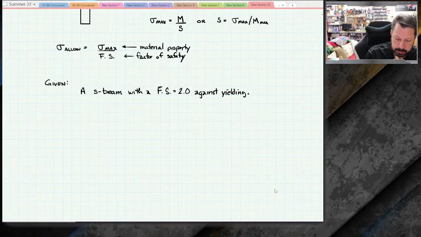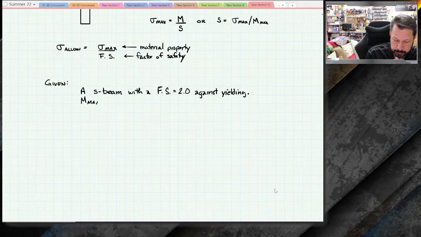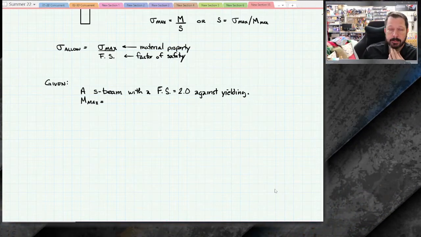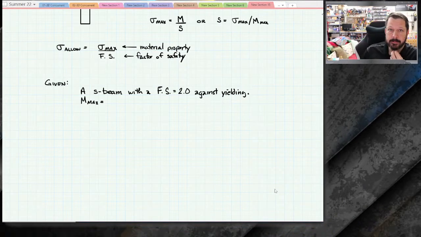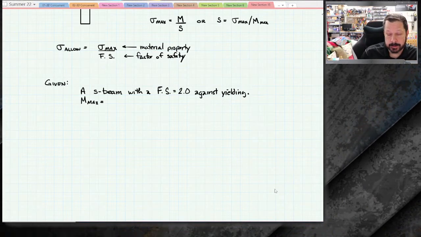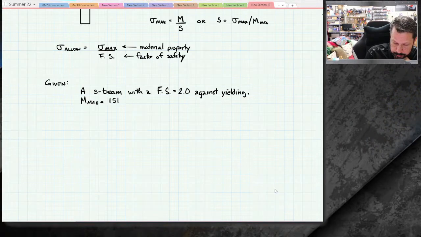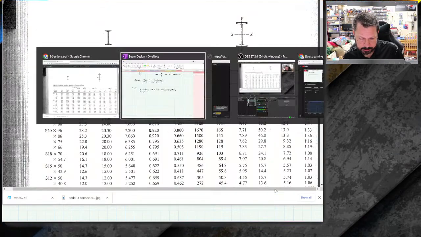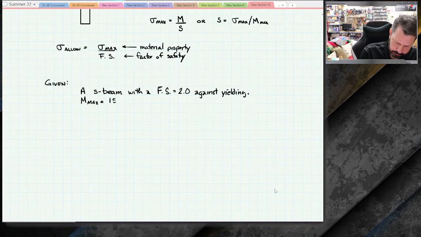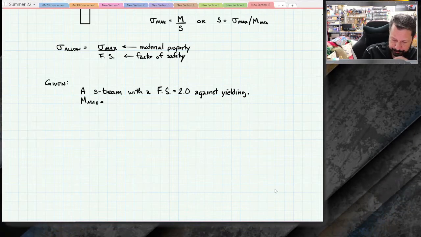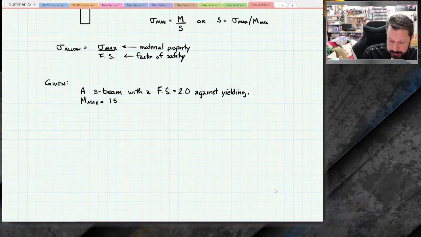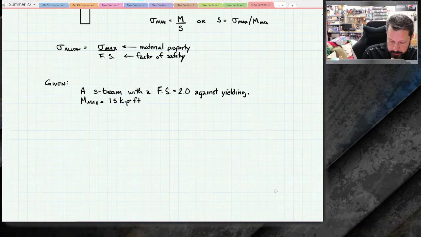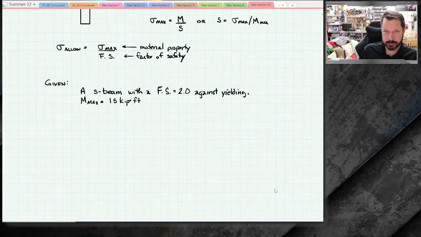And let's say the maximum bending moment equals, we've drawn the shear and bending diagram, and the maximum that we came up with was 15 kilonewton meters. Actually, I think the chart I have pulled up is US units. Yeah, so let's not do kilonewton meters. Let's just do 15 kip feet. So a kip is 1,000 pounds. So that's 15,000 foot-pounds.